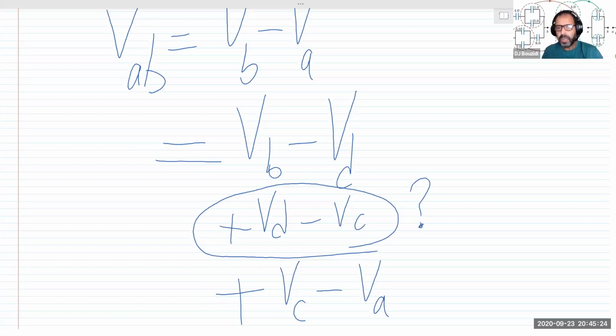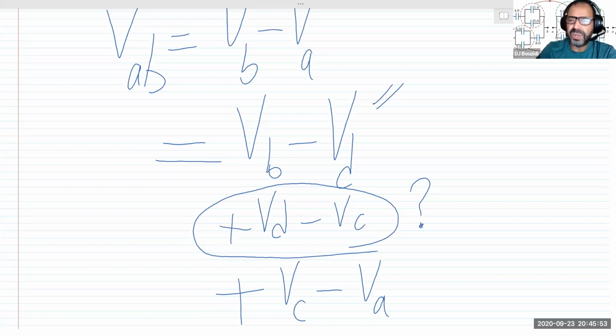Since I already know what the charge is sitting on this capacitor, which is just the Q total, and I know what the capacitance is, which is C1, all I have to do is divide.